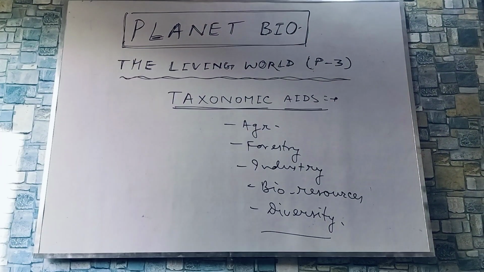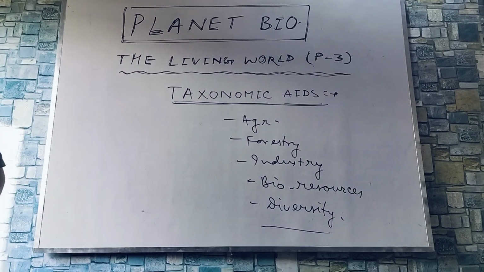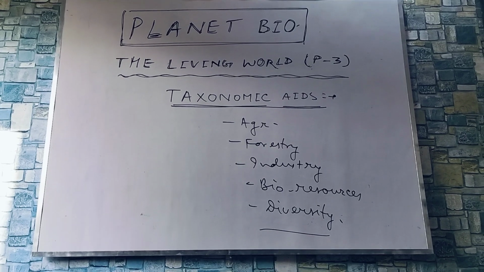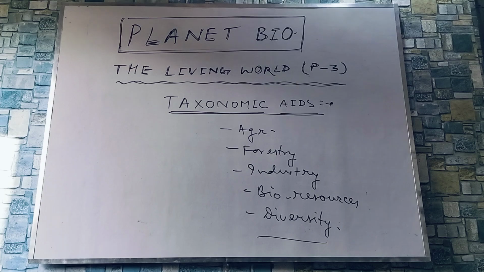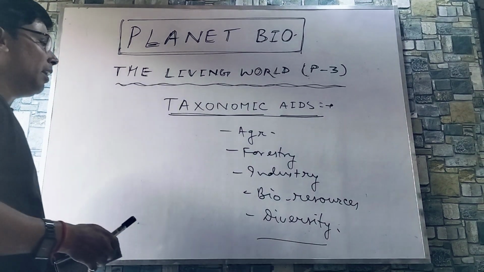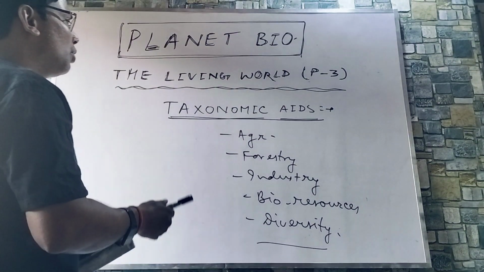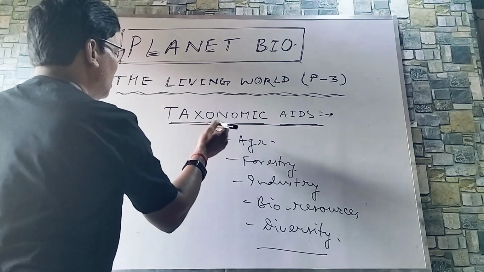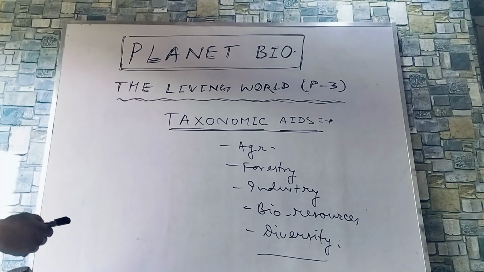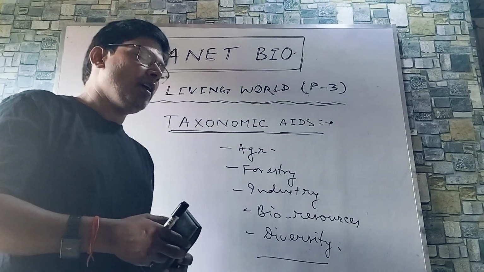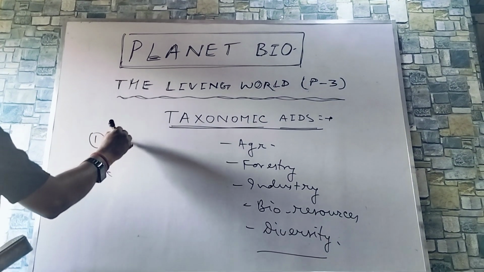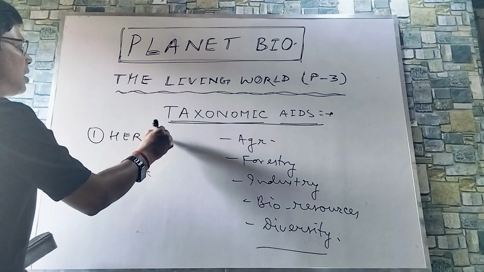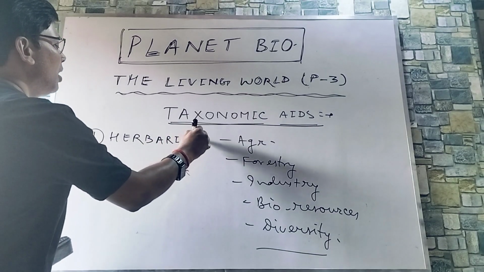Now, these aids include some procedures and techniques, and the purpose is to preserve information as well as the specimens. What are the different types of taxonomic aids we need to study? First one, we should write herbarium.